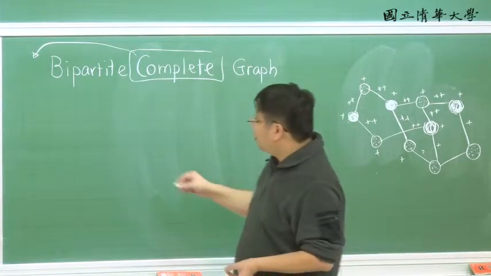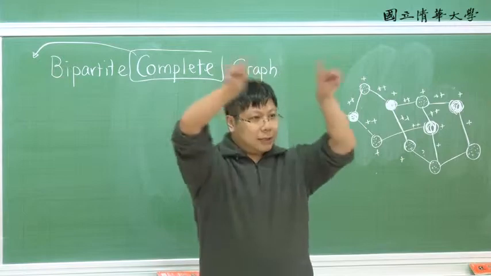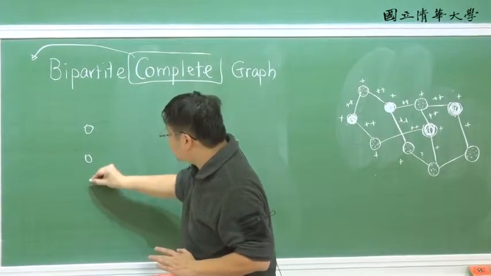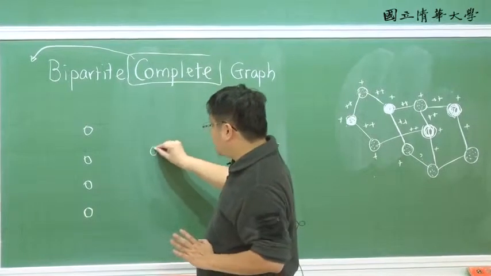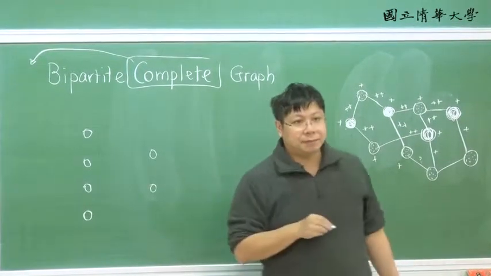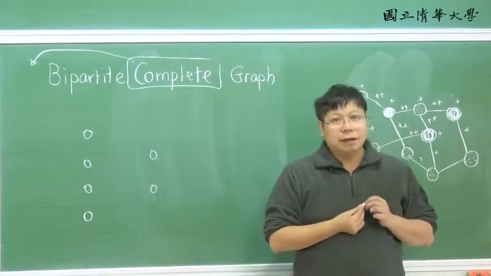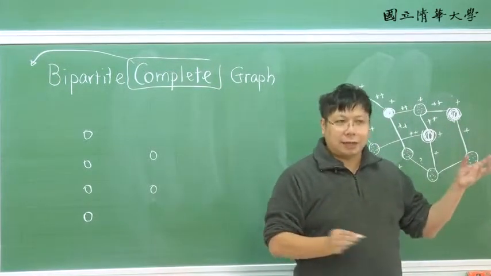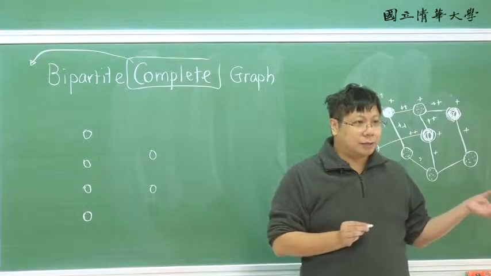If you still recall, for a bipartite graph you can separate the vertices into 2 groups. So maybe this is the left group, and this is the right group. Is that okay? Now, what is a complete bipartite graph? A complete graph is a graph that has an edge between every pair of vertices.